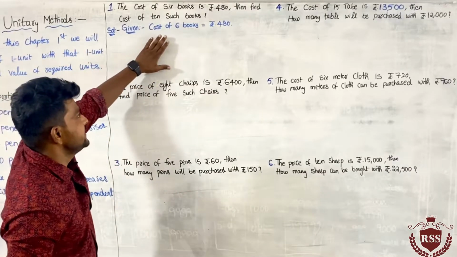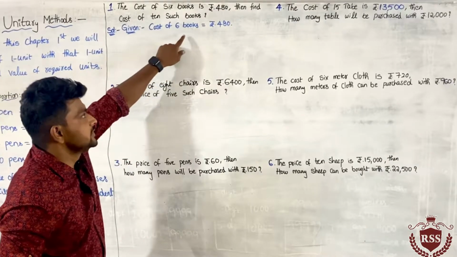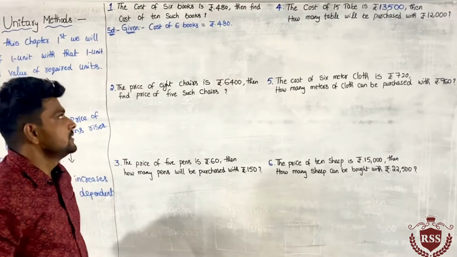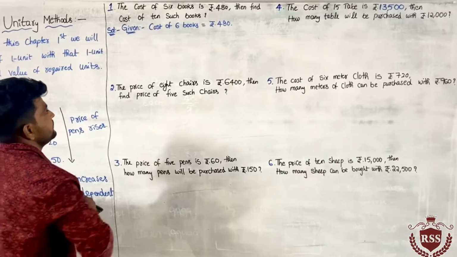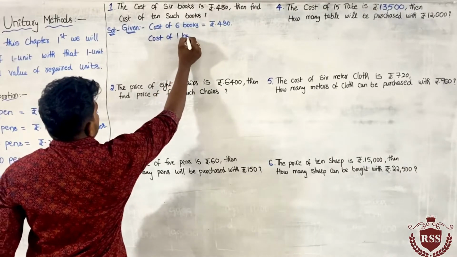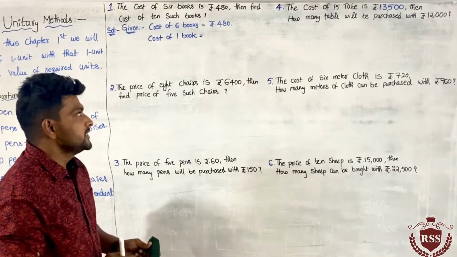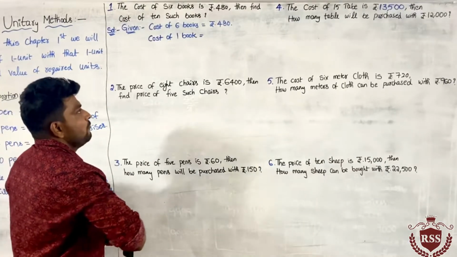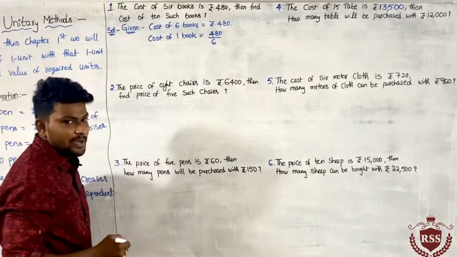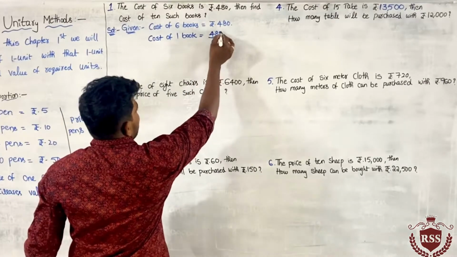So from these 6 books, first of all we need to find the cost of one book. That is, from the 6 books given here, we have to find the cost of one book. The cost of one book equals the cost of 6 books, which is 480, divided by 6. 480 divided by 6: 6 ones are 6, 6 eights are 48.